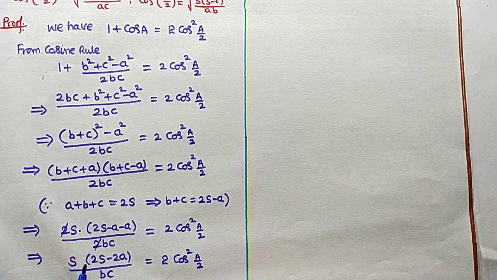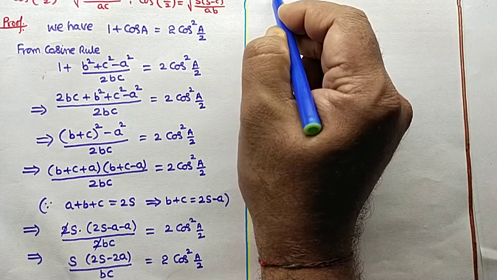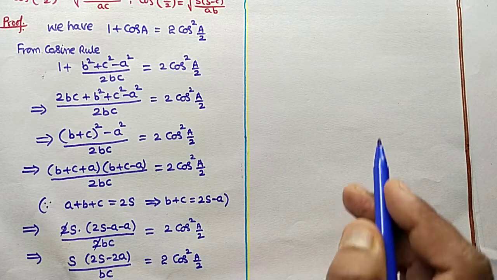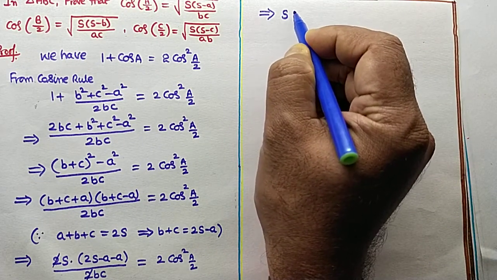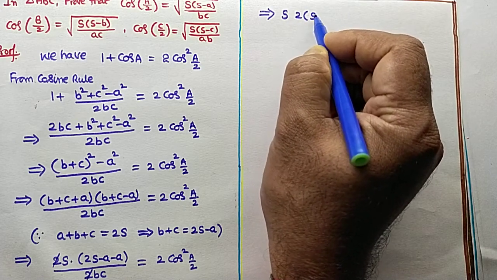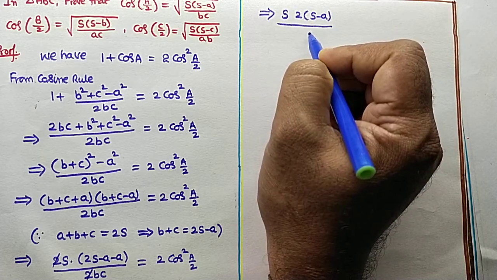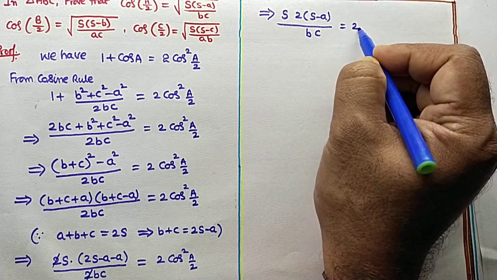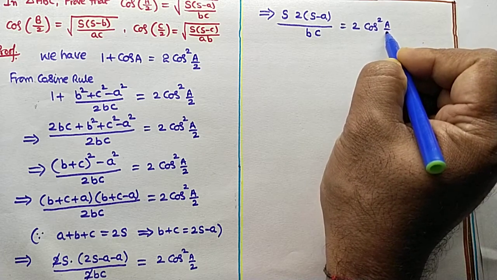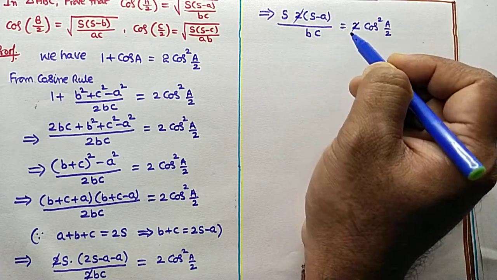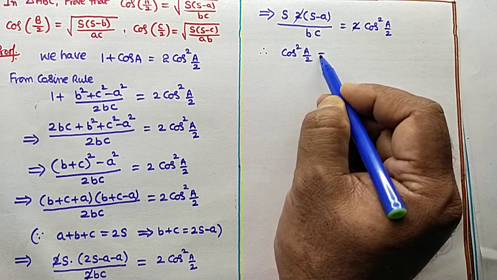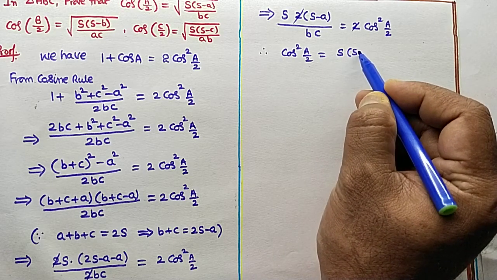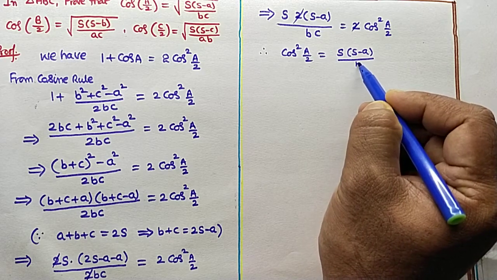In the next step, from these two also 2 take common, we will get S into 2 take common S minus A divided by BC, which is equal to 2 into cos square A by 2. Now here 2 get cancelled. Therefore, cos square A by 2 is equal to S into S minus A divided by BC.